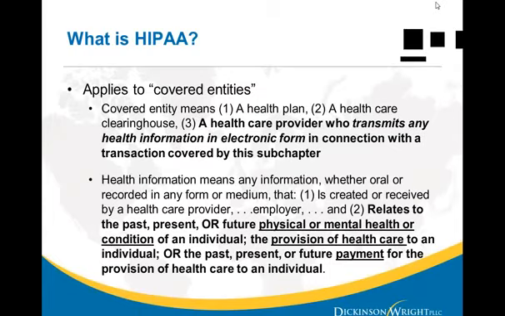So, for example, if you're a software developer and you develop personal health record software where you do some sort of processing with people's medical records, you're covered. You're required to be either a BAA or a covered entity, and so you are subject to the requirements of HIPAA and HITECH.